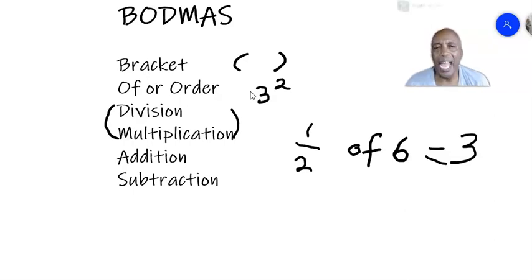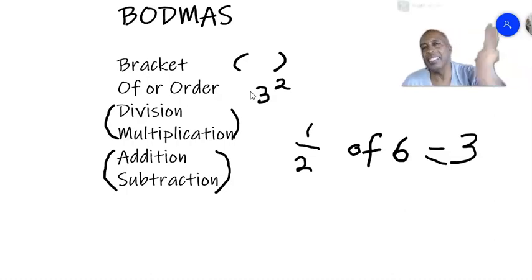And finally, addition and subtraction is done last. And they also come together. They can be done in any order, but in sequence. So the first one that is in the sum, you do it first, and then the second, you do second. So this is the Bodmas Rule, and the best way to show it to you is to look at examples. So let us look at some examples.